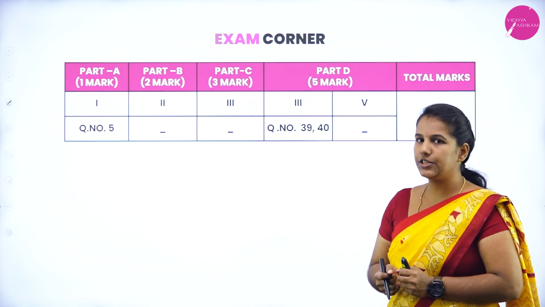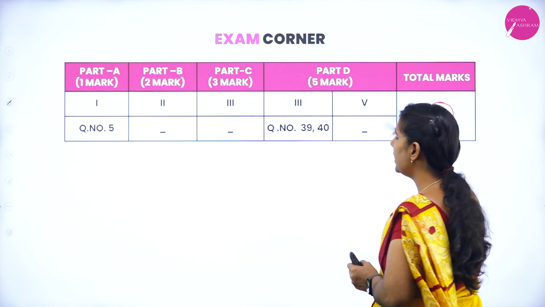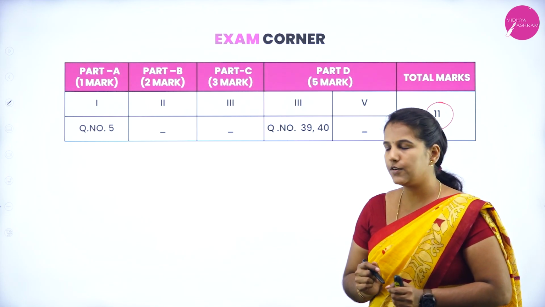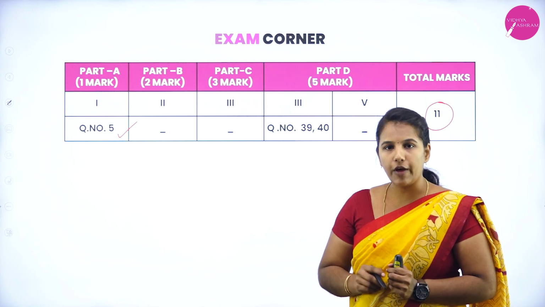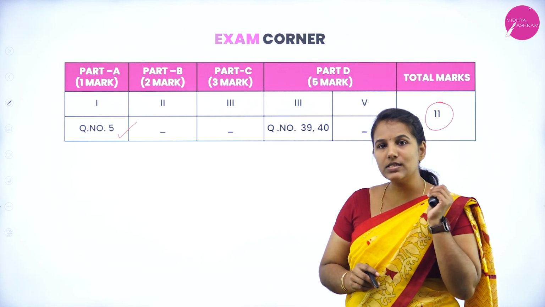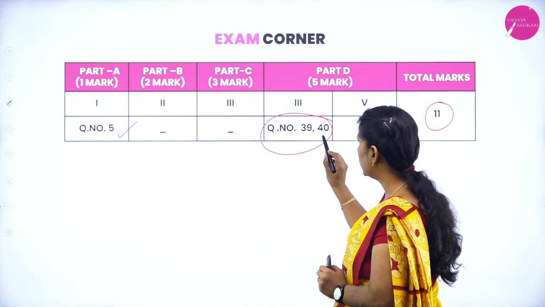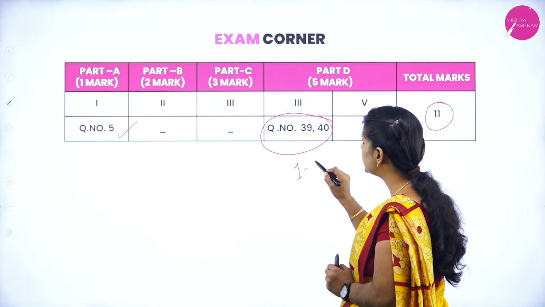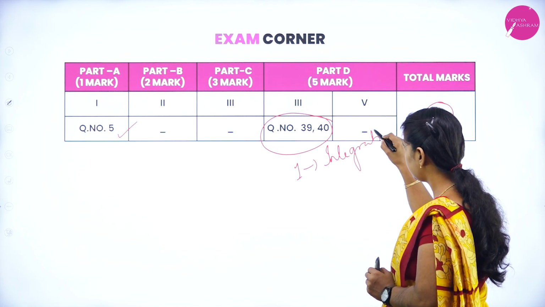Let us see the weightage of this unit. From this unit, we can expect 11 marks. There is a 1 mark question, that is question number 5, and there are 2 five-mark questions, that is question numbers 39 and 40. Definitely one question will be mainly from integration.